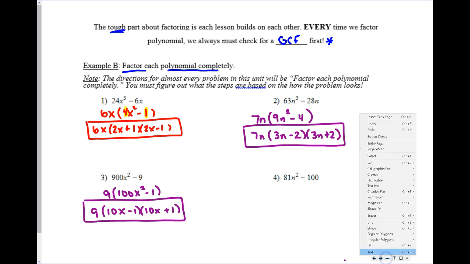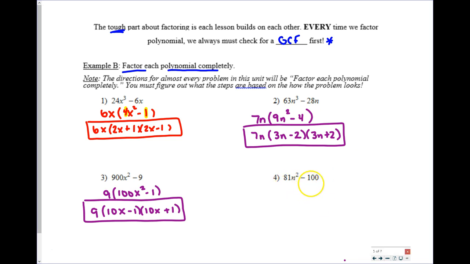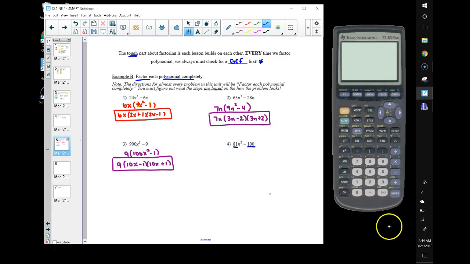All right. And finally, the last one, I've got 81 and 100. Now, I wouldn't be 100% confident that these don't have something in common. I do recognize they're perfect squares, though. And my gut is telling me it's going to be 9 and 10, but I'm not 100% sure. So I'm going to go back to my calculator, go to math, number.